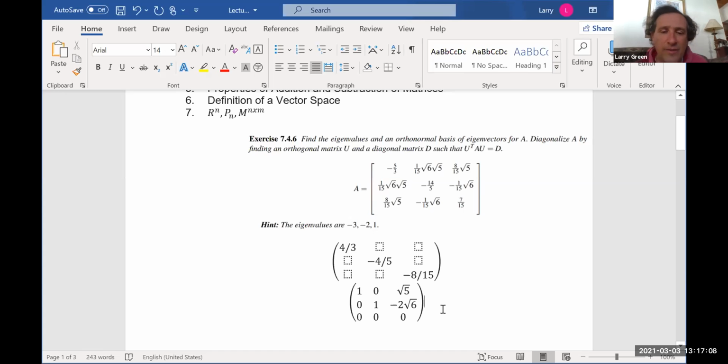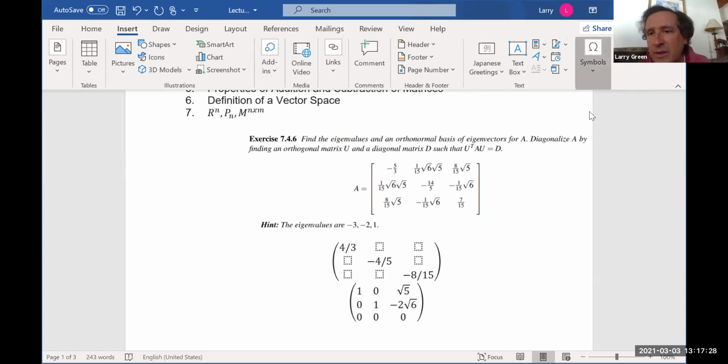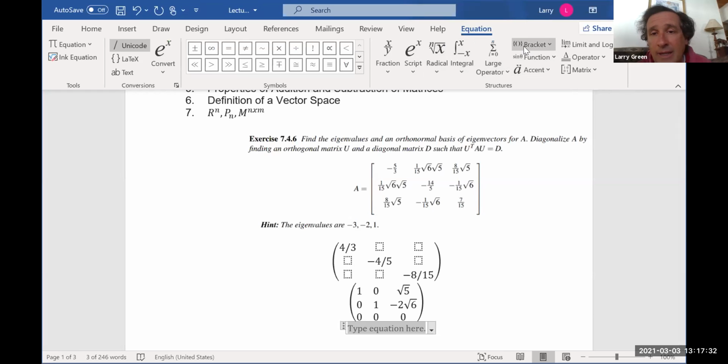Okay, so for this one, we want to find a null space. And usually you just start with something easy and then we'll adjust. So I'm just gonna let Z be 1. Sound good? So what I can say, let me insert symbol equation and bracket.